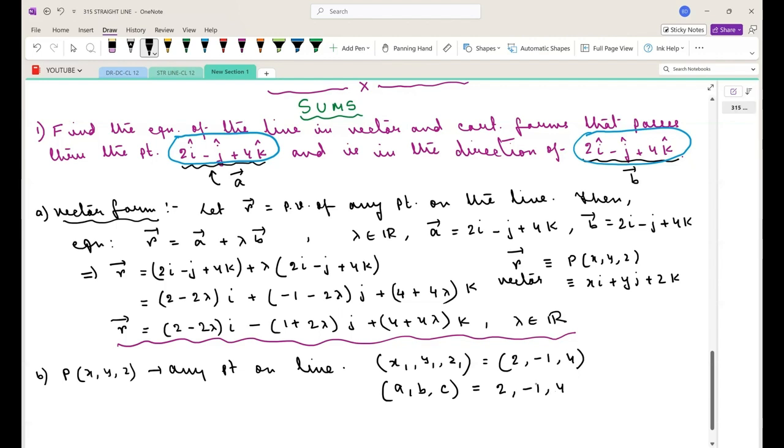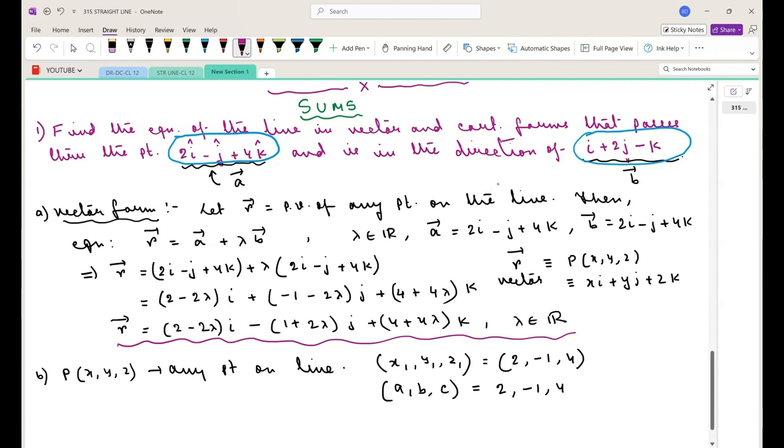Okay, I think, sorry, really sorry. I gave the same vector in both places. This vector will be, I made a small mistake, i plus 2j minus k. i plus 2j minus k.